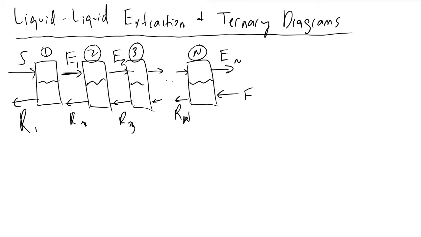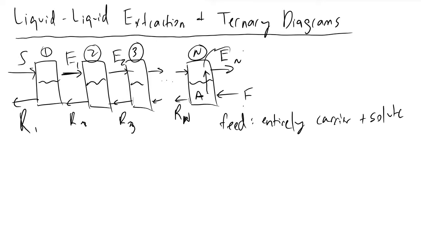The way this works is we will have our solute A present in the feed, and we'll generally make the assumption that our feed is entirely carrier plus solute, and the solute will move into the solvent phase here.